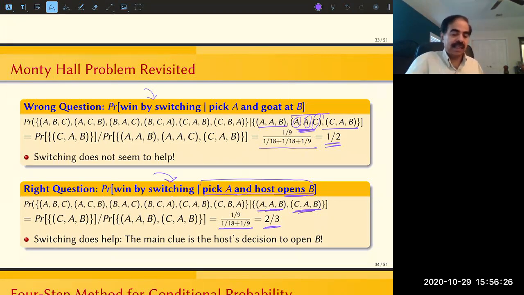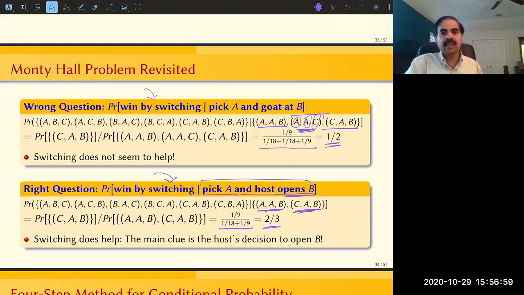The main point being that if our choice of gate A was right, then the probability that the host will open gate B is somewhat lower, because if we made the right choice, the host has equal likelihood of opening either B or C, right?